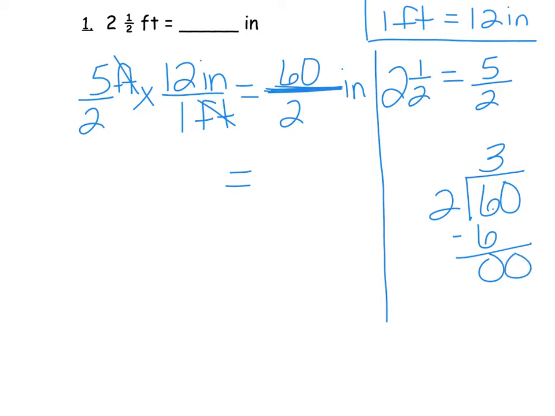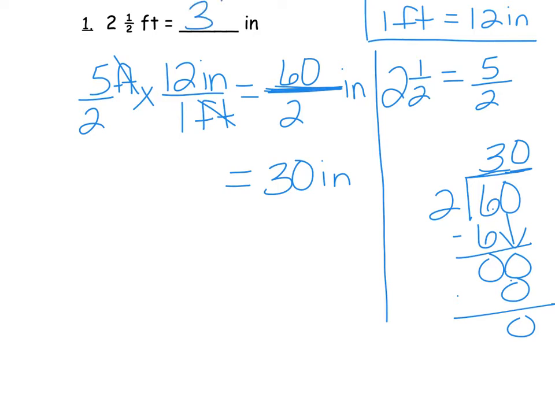Subtract, or bring down, sorry. 0 divided by 2, or how many 2's fit into 0, is 0 times, because I have a number in the dividend, so I have to have a digit above it in my quotient. 0 times 2 is 0, so 30. So 60 divided by 2 is 30 inches. Make sure you fill in.